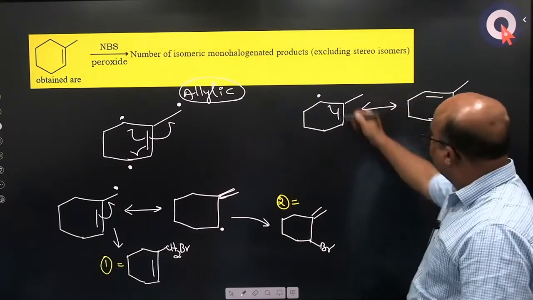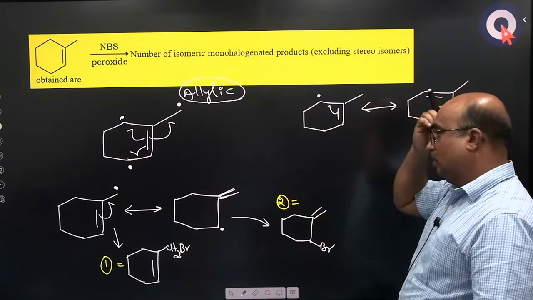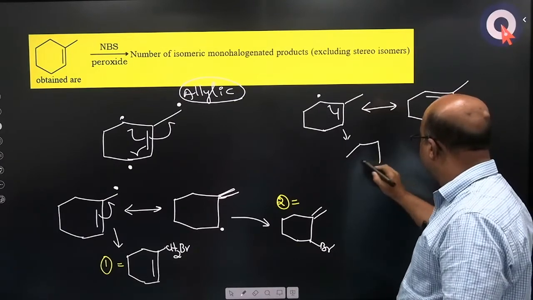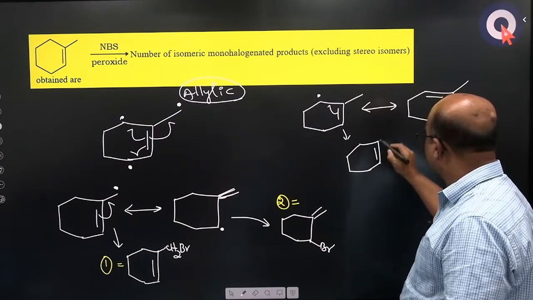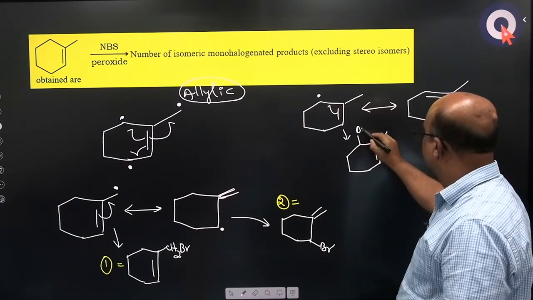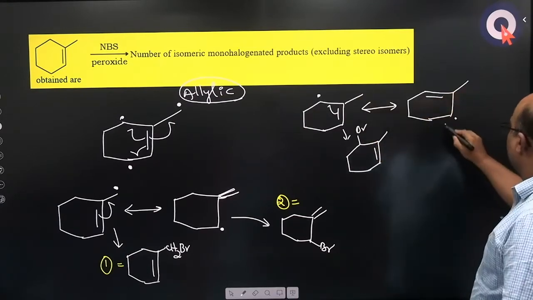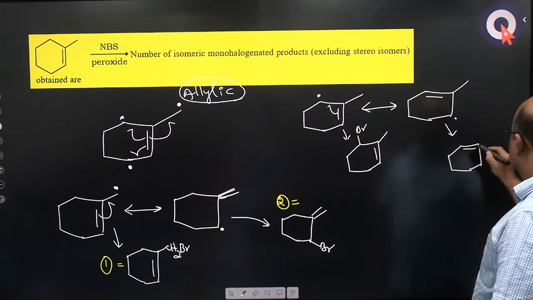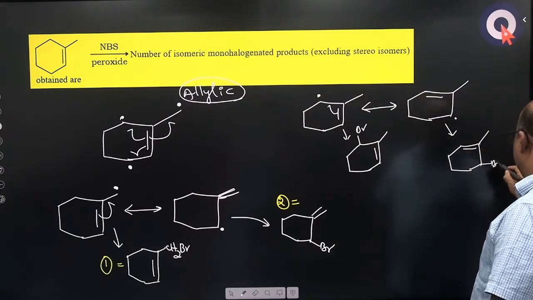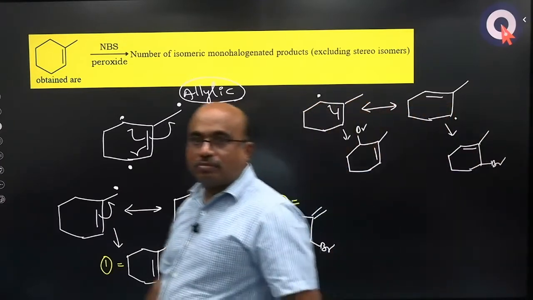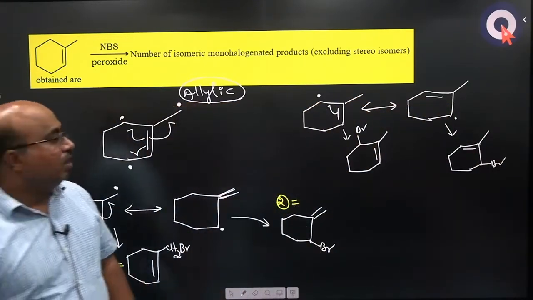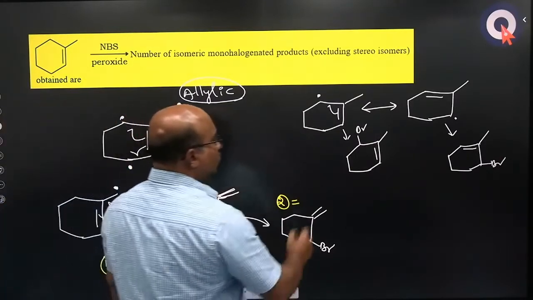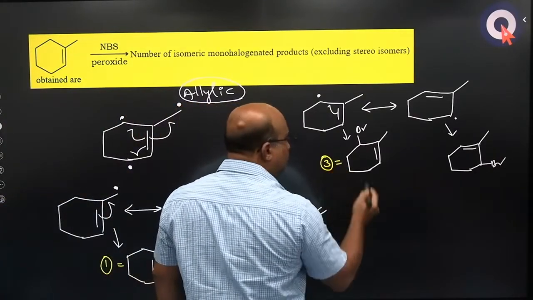This is converted to a halogenated product. Okay, done. Let us take these compounds as 3 and 4.